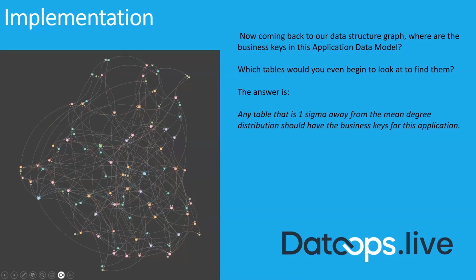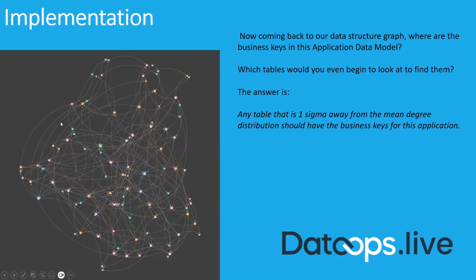So if you have a large data model that you're beginning to look at from an implementation perspective, and you go talk to people about where the business keys are within the data model, if they don't know or they're not sure, by doing this analysis up front, one of the things you can do is identify definitely where the business keys are not.